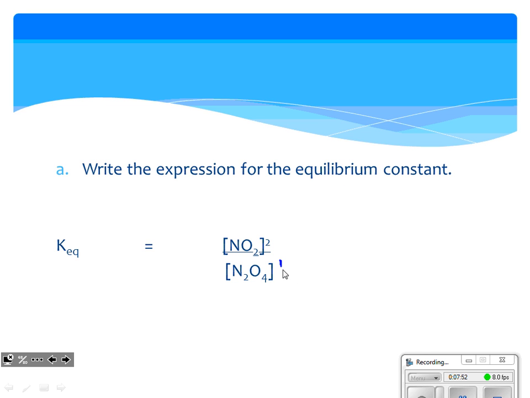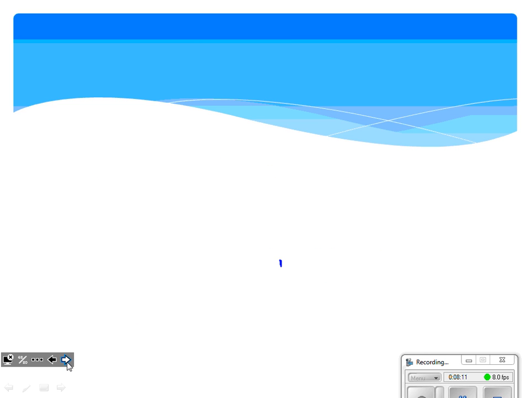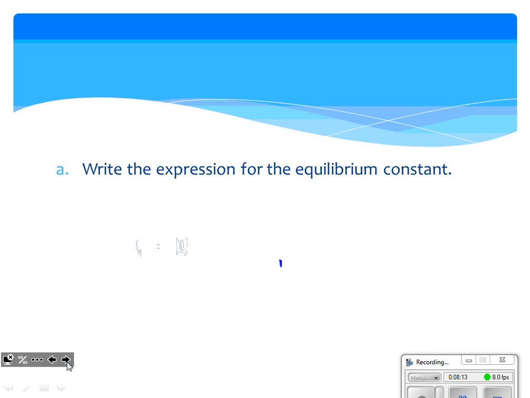Yes, I did take into account how many moles of the dinitrogen tetroxide I have. So if I go back to the equation here, look, the NO2 has 2 in front of it. The N2O4 has a 1. So that's why I have those raised to that particular exponent, okay? So I have my equilibrium expression for this reaction.